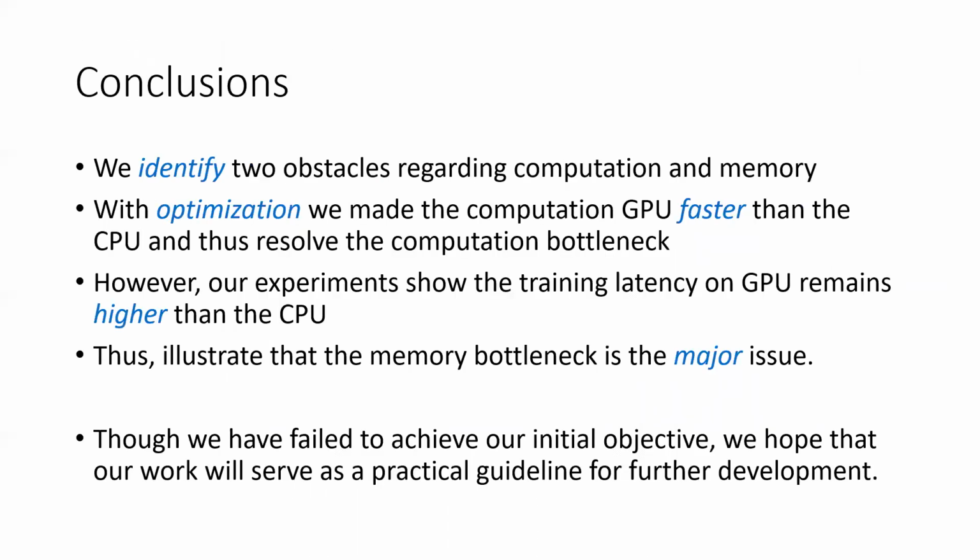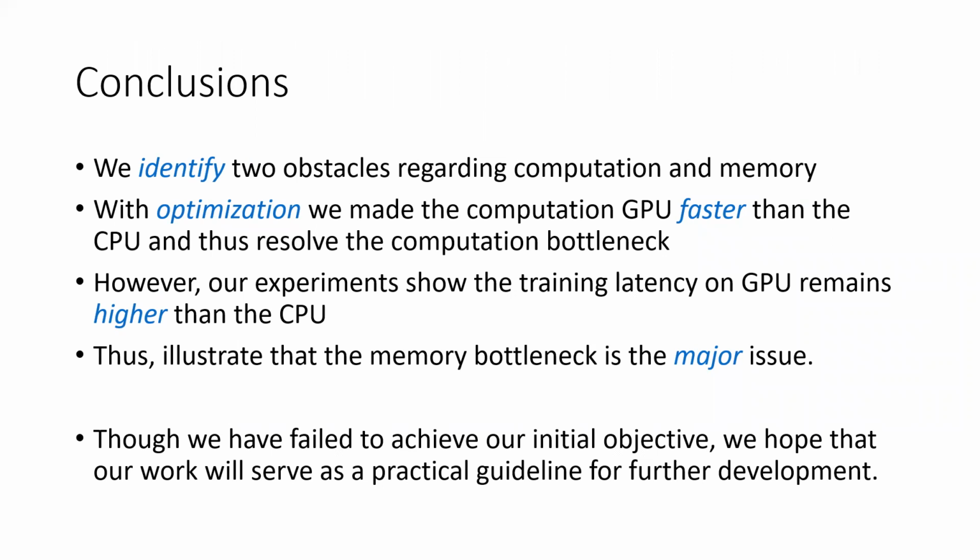Therefore, in conclusion, we were able to identify 2 obstacles that can make the GPU slower. With optimization, we were able to make the GPU faster than the CPU, thus resolving the computational bottleneck. However, our experiments 2 and 3 show that the training latency on GPU remains much higher than the CPU.